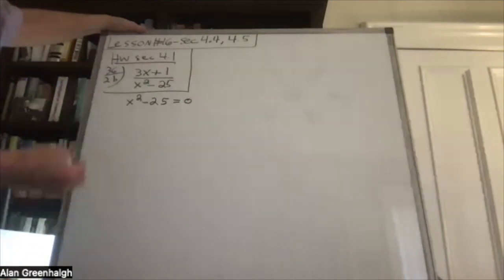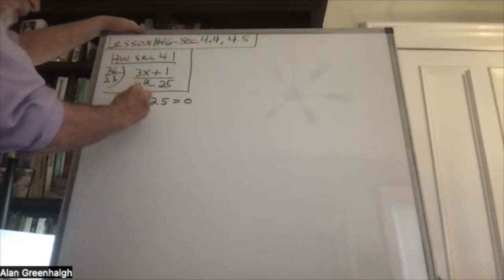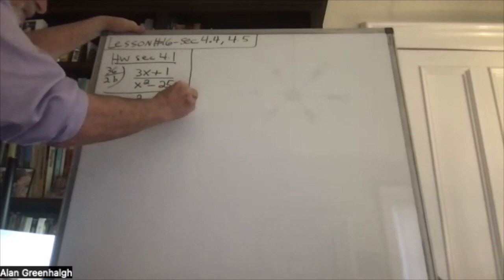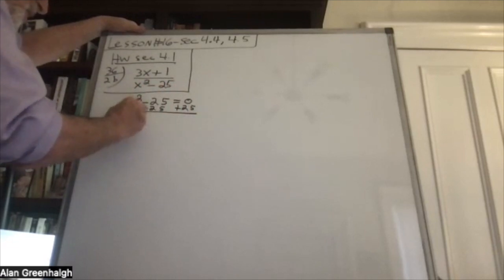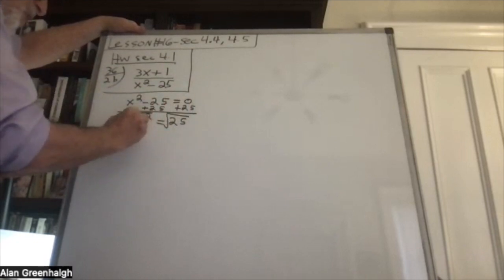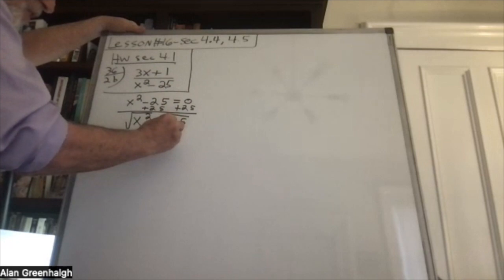You can either just factor it, or I like to, since it's such an easy equation to solve, just take the square root of both sides of the equation, which would be plus or minus the square root of 25, which is plus or minus 5.